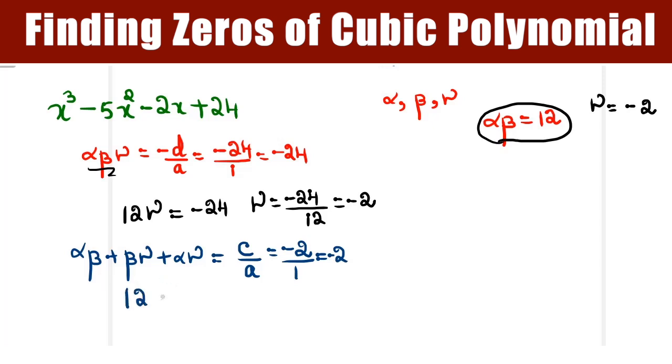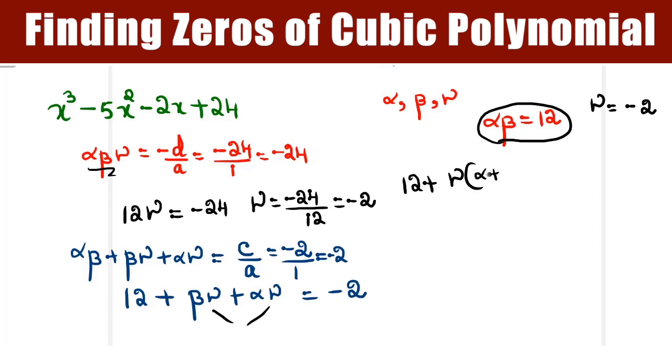So, 12 plus beta gamma plus alpha gamma is equal to minus 2. Now, between beta gamma and alpha gamma, I'm going to take the gamma outside. So, the expression becomes 12 plus gamma into alpha plus beta is equal to minus 2.